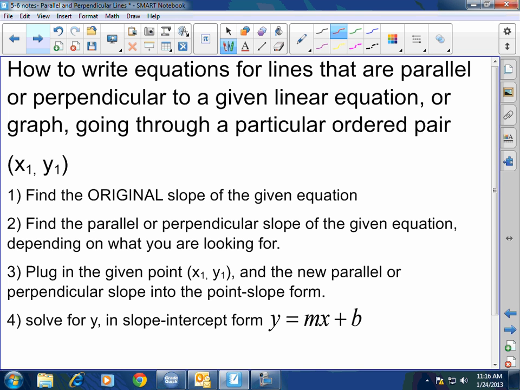So the only difference to what you have been doing is steps 1 and 2. Got to find the original slope and then find if it's the parallel slope or the perpendicular slope, depending on what they ask.